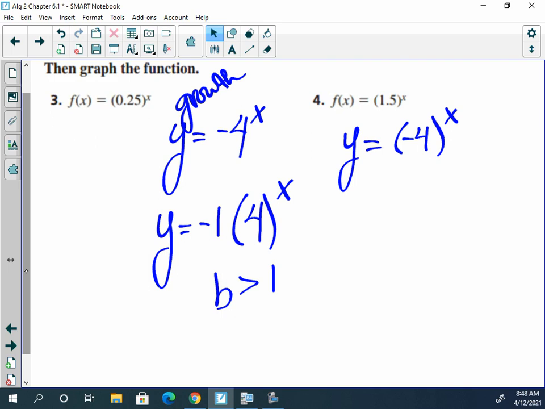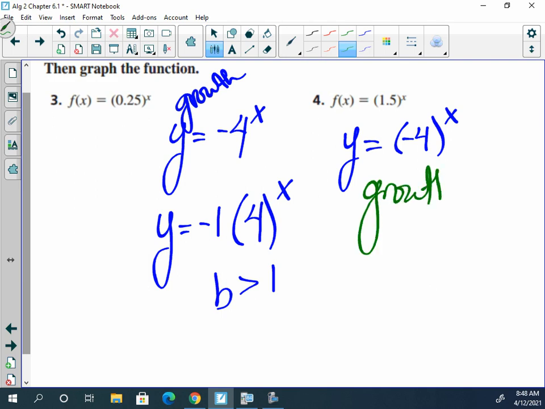So now what would it be? It's still a growth. It's a growth with a reflection across the x-axis.